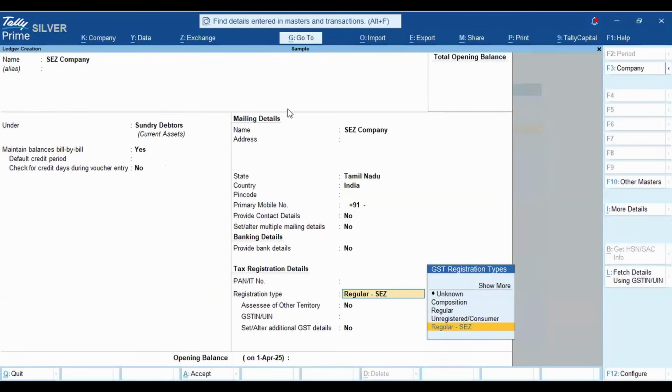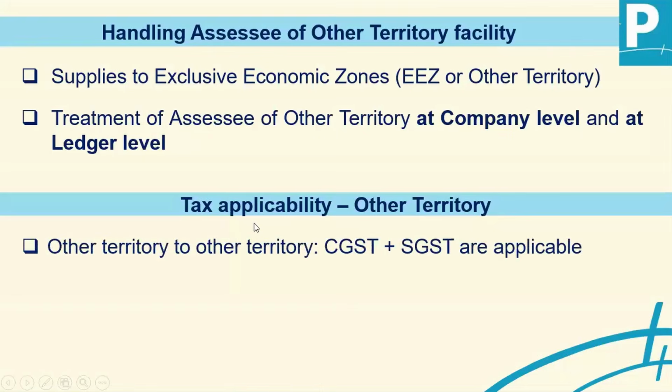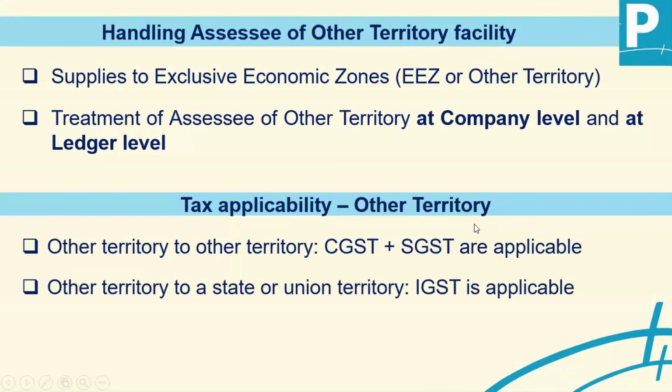Then in the SEZ company, exclusive economic zone, the transactions are like this. Within that territory, if an outward supply is made to another company in the same zone, then the taxes are treated as intrastate supply and CGST, SGST is applicable.